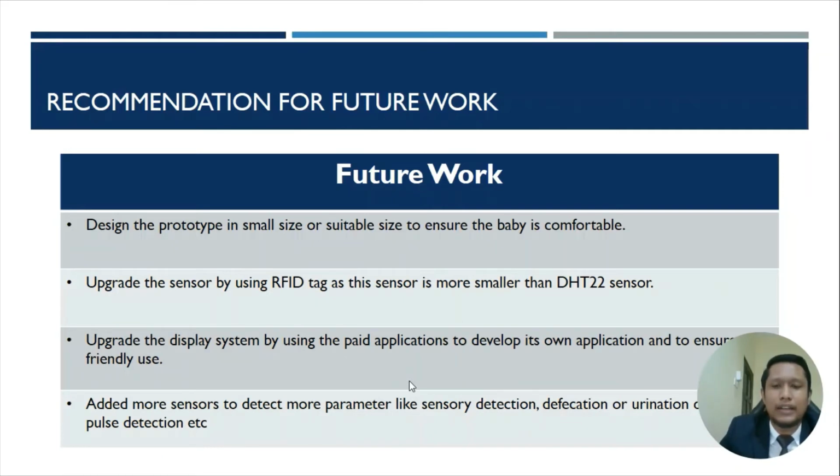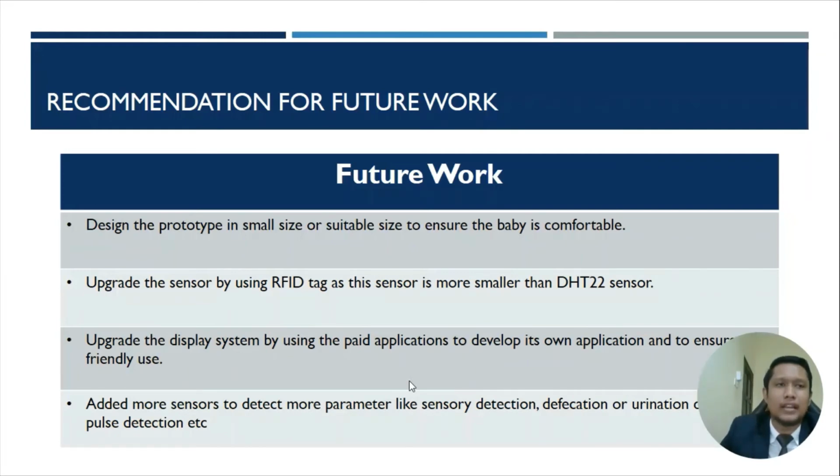Okay, so the next idea for future work is to upgrade the sensor by using an RFID tag. Why do I want to use an RFID tag? From my literature review, I saw that many of them use RFID tags because an RFID tag is thinner and smaller, so it is more suitable to put on the diaper than the HT22.